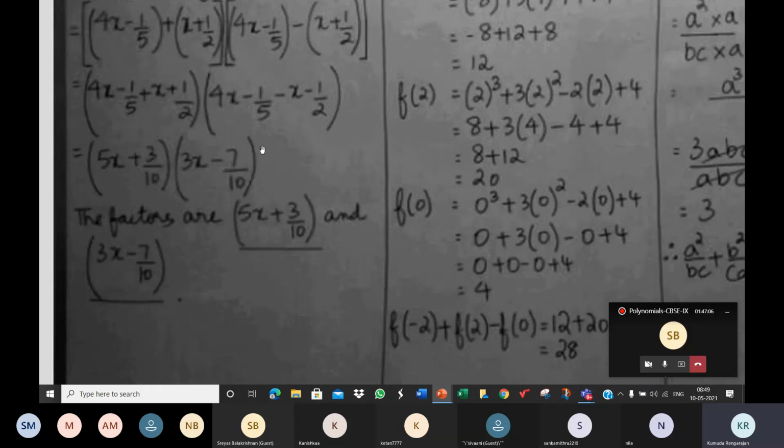The fractions will be there. Then you will have to split the middle term, and when you split it, you will get the same answer.